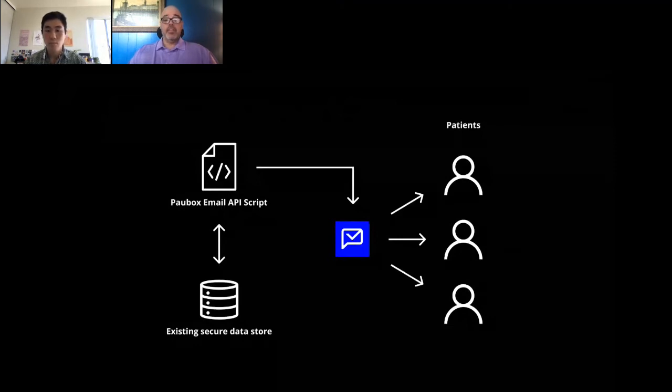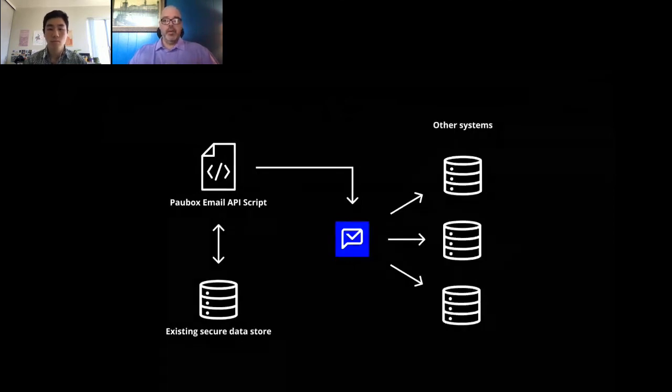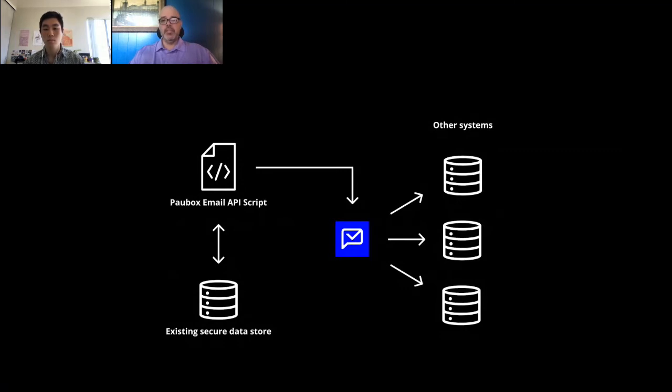And as Nick mentioned, it's not just communication between clinics and labs and hospitals and the patients, it's also communication between those organizations themselves. So on the next slide, we see what is essentially the same diagram, but instead of people on the receiving end of these messages, it's other systems, other businesses, other companies who need that information as well.